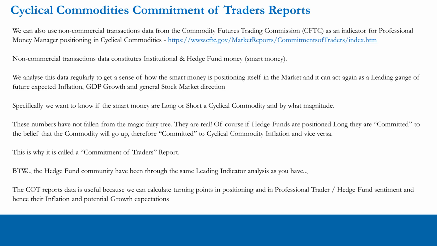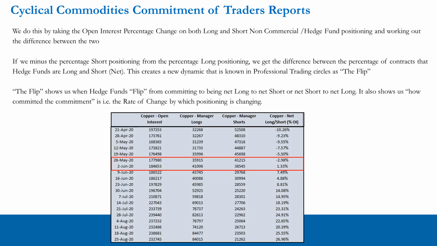Now, how do we actually go through this data and determine inflation and growth sentiment from the hedge fund community? Well, in the downloads area, you'll see the commitment of traders spreadsheet file, and we cover the cyclical commodities space.